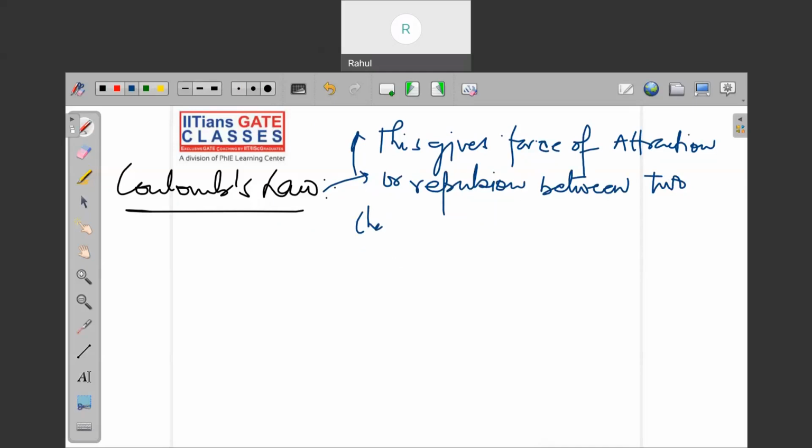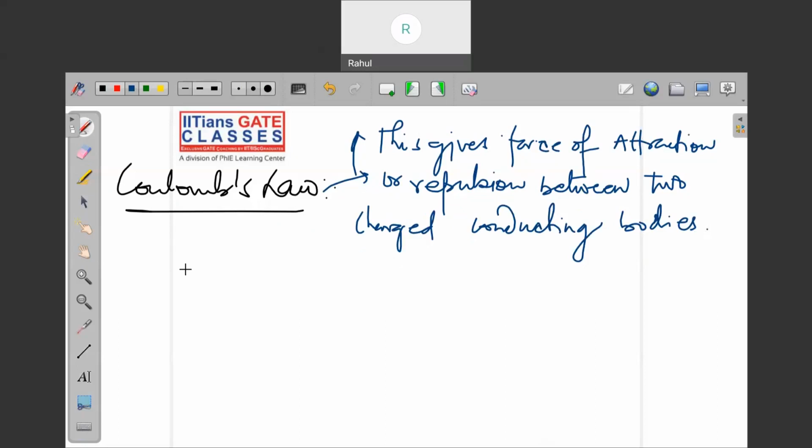Remember, if the charges are alike, then the force is repulsive, otherwise attractive.